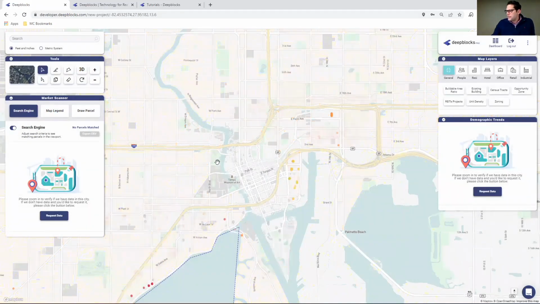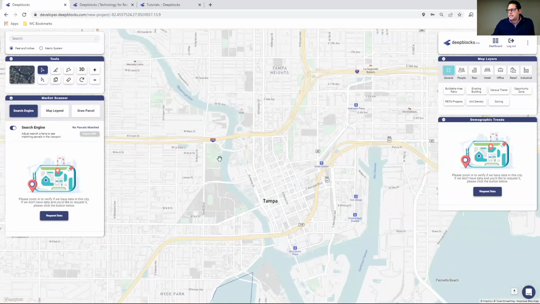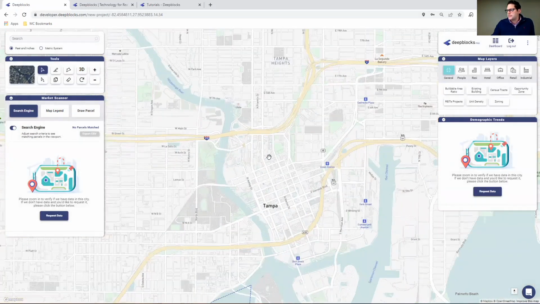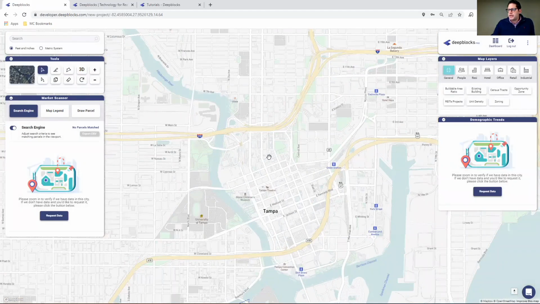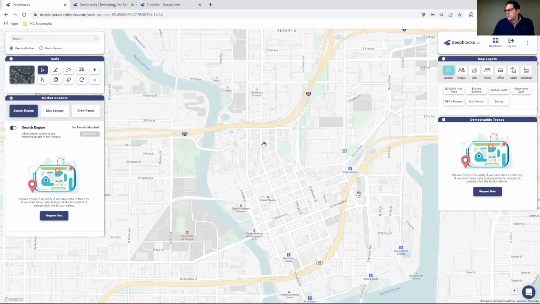But for today's example, I want to focus more on the site selection capabilities of Deepblocks to find parcels that meet the development criteria for built to rent, where we're going to be doing built to rent development for single family homes. So we're going to zoom back in until those parcels reappear.